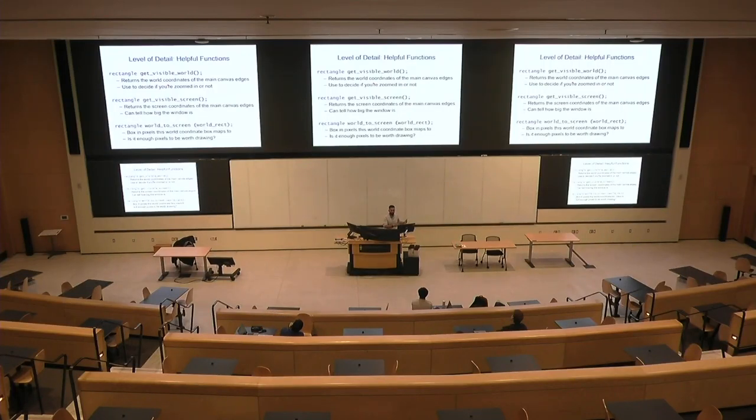We transform it to pixels, and now we know how many pixels each, for example, a street will take, okay, at each zoom level, and then you decide whether you want to draw it or not, okay? So in this way, you can think about different ways to draw all of the details, but not all at once, but trying to think about different zoom levels.